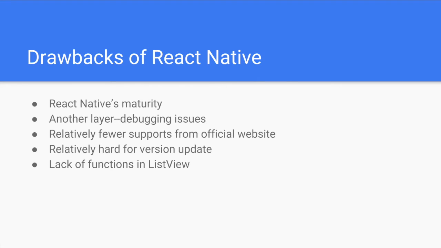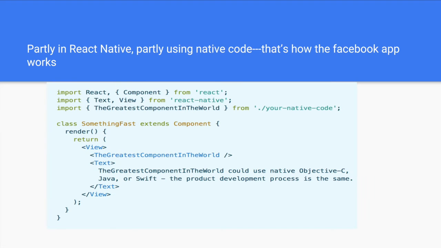Some features on iOS and Android still aren't supported, and the community is still developing. This is an example describing how a mobile application is built partly in React Native and partly using native code. And that is also how the Facebook app currently works.